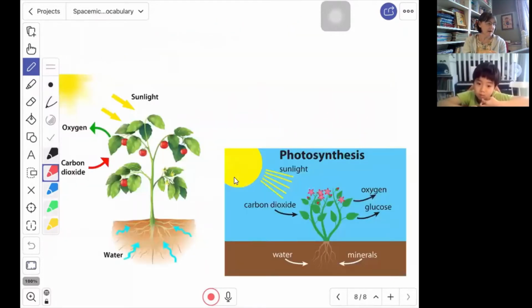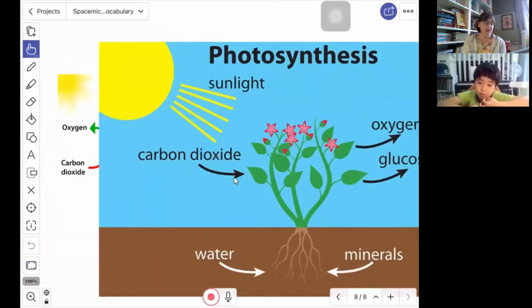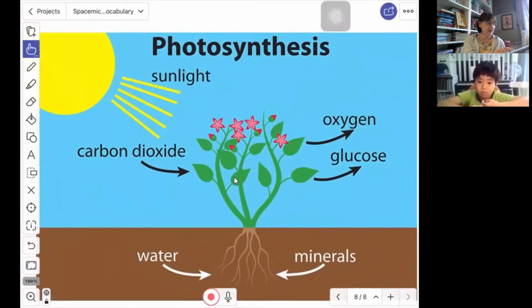We also talked about photosynthesis. So photosynthesis, you can see right here is the word photosynthesis. It's the way that a plant, it could be a flower or a tree, makes its own food so that it doesn't need to go to the grocery store or order Uber Eats. It can just make its own food. And how it does it is it has to get sunlight.